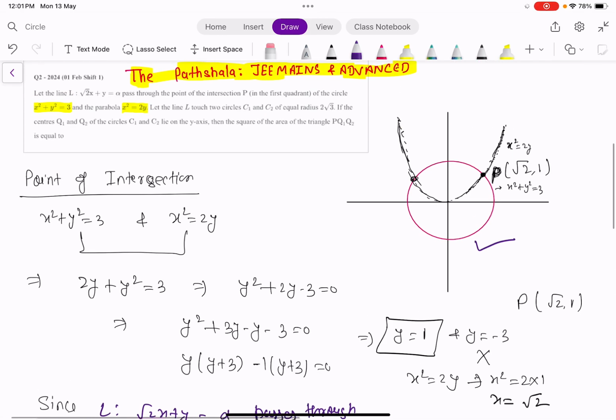Now they are saying that from this one line is passing. You can see in this question the line L touches two circles C1 and C2 of equal radii, whose centers Q1 and Q2 of the circles C1 and C2 lie on the y-axis. So what is the meaning of this?